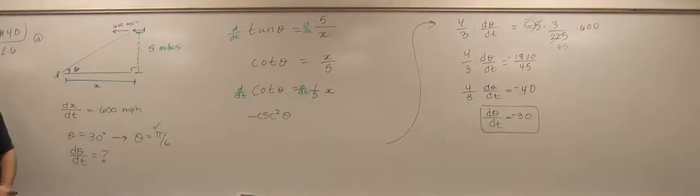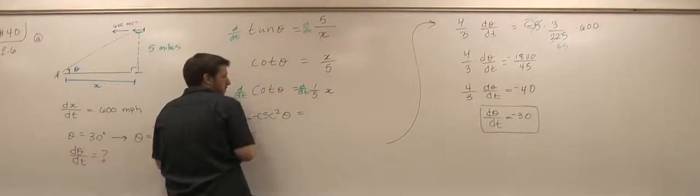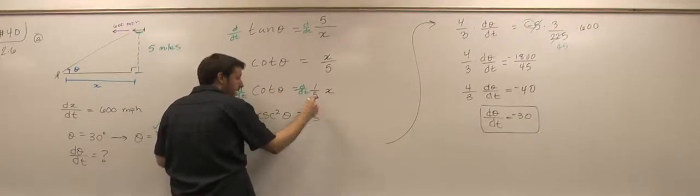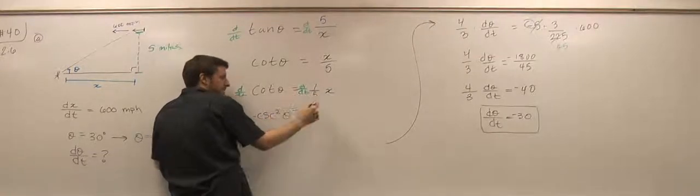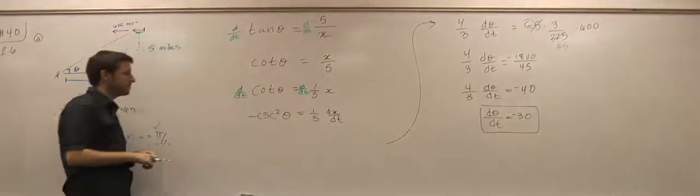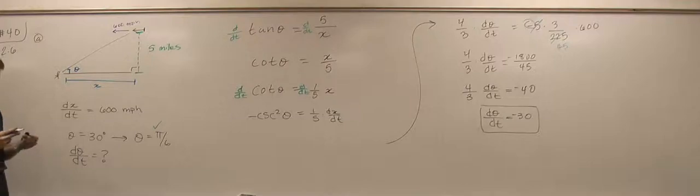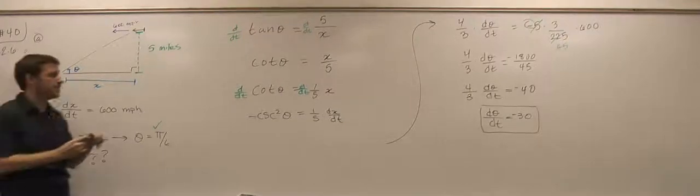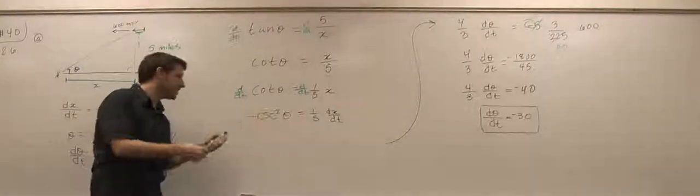And then the derivative of 1/5 x is what? 1/5. Yeah, but because it's with respect to time, dx/dt. So we managed to derive away our x, which didn't happen last time because x was on the bottom.